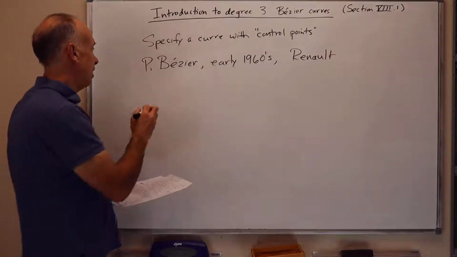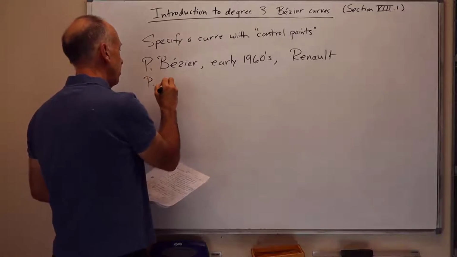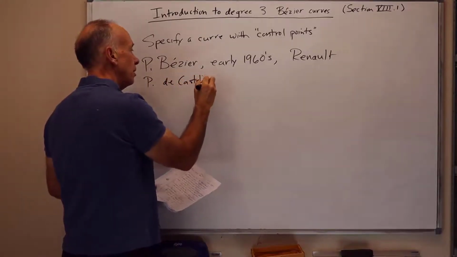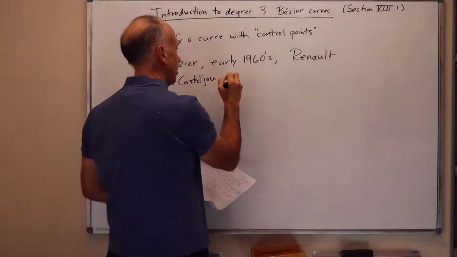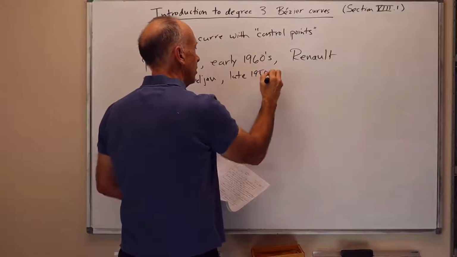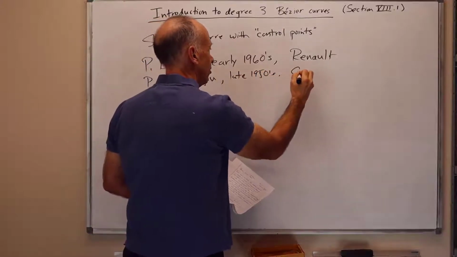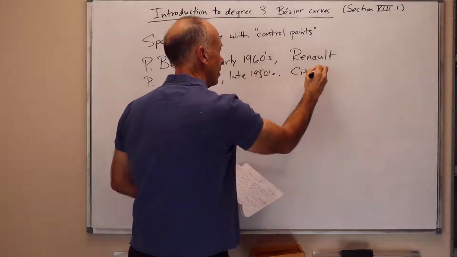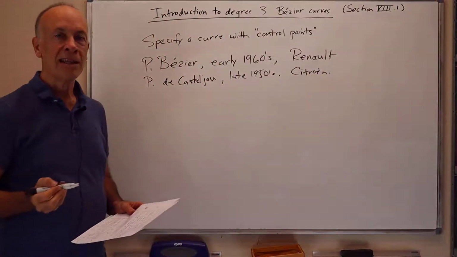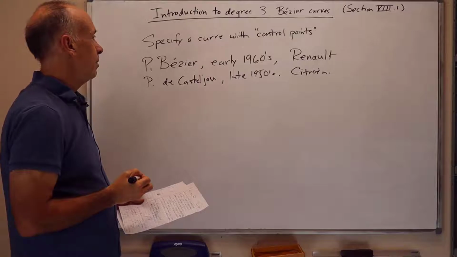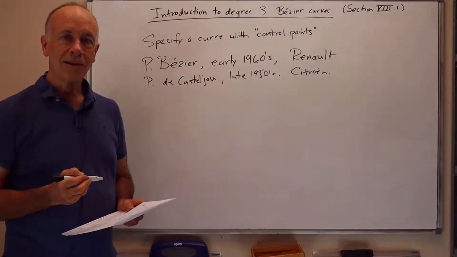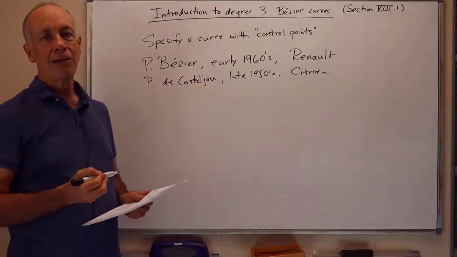Earlier, there was mathematically equivalent work by Paul de Casteljau in the late 50s, who did something very similar at Citroën, another French car maker, again, to specify shapes in a mathematical fashion. De Casteljau was not allowed to publish his work, and so it wasn't known for a while. Bezier did publish his work.